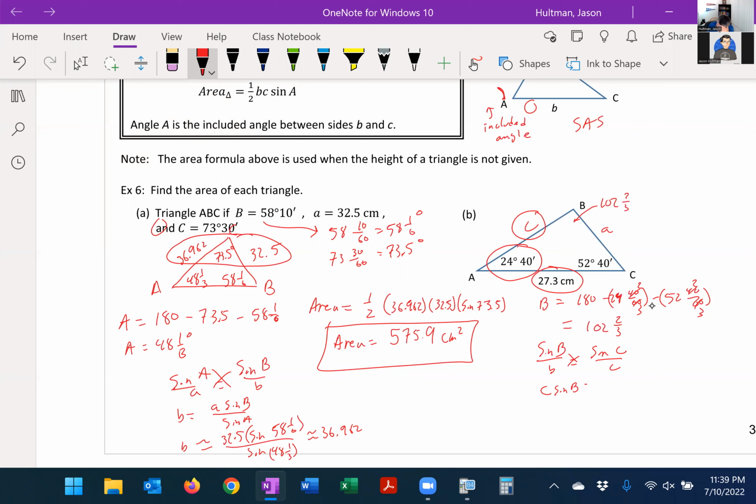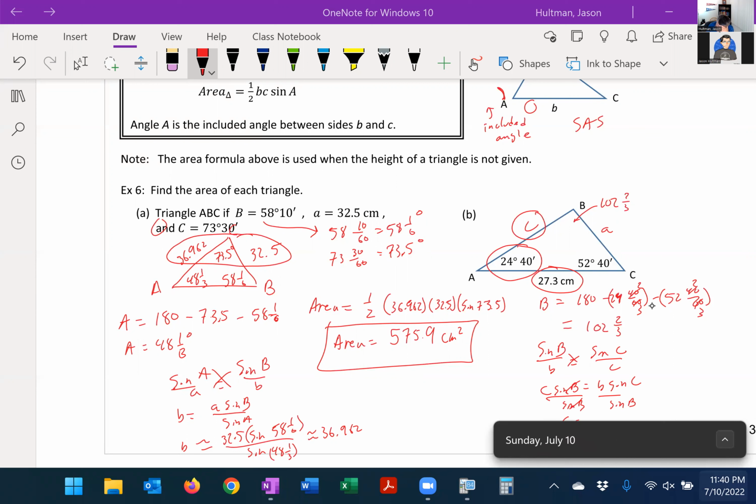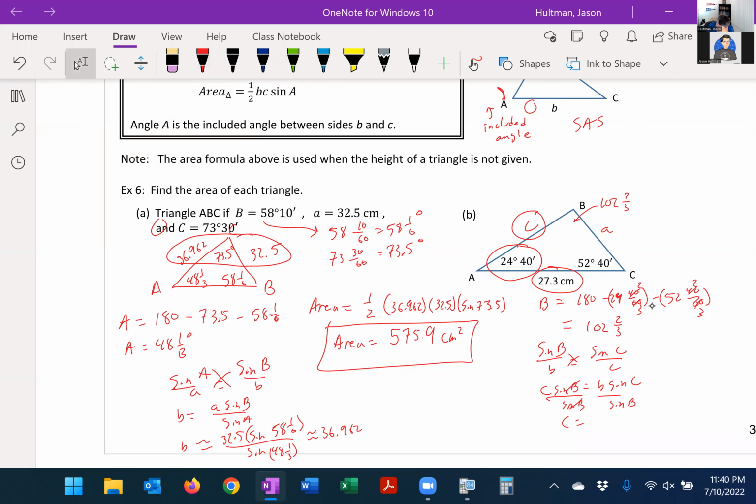C sine B is equal to B sine C, divided by sine B. And C is equal to B, which was 27.3, times the sine of C, and C was 52 and 2/3, all over the sine of B, which we calculated to be 102 and 2/3.